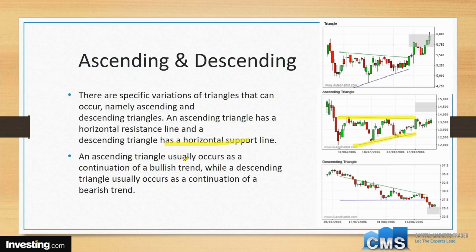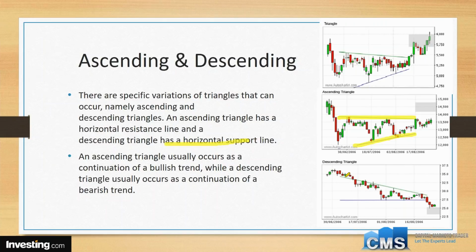An ascending triangle usually occurs in the continuation of a bullish trend, but it can appear in a bearish trend. But on the whole, this is what you'll see because price is moving upward between your support and resistance lines. But it doesn't have to be that way, and it doesn't change the rules.